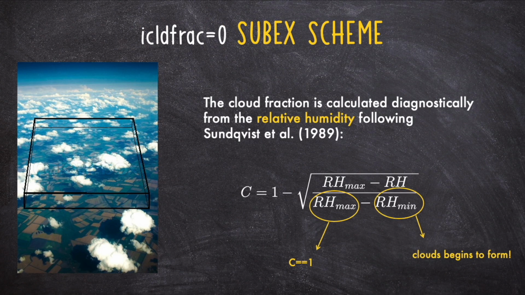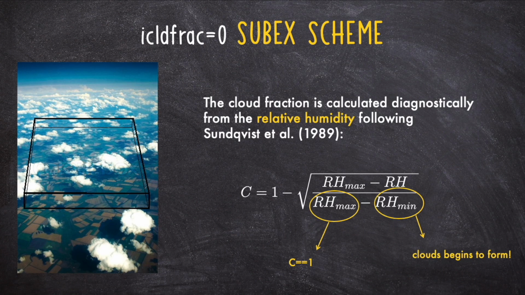The first one is SUBEX, where the cloud fraction is calculated diagnostically from the relative humidity with this equation, where RH min is the relative humidity threshold at which the cloud begins to form, and RH max is the relative humidity where the cloud reaches unity.